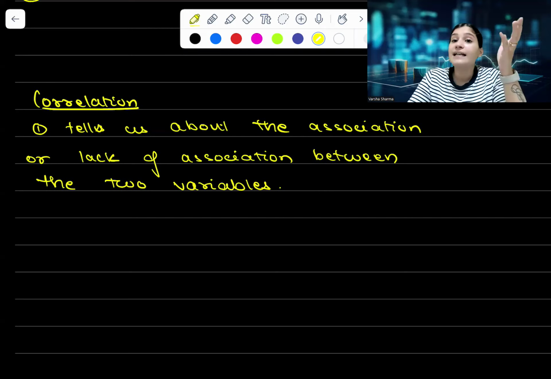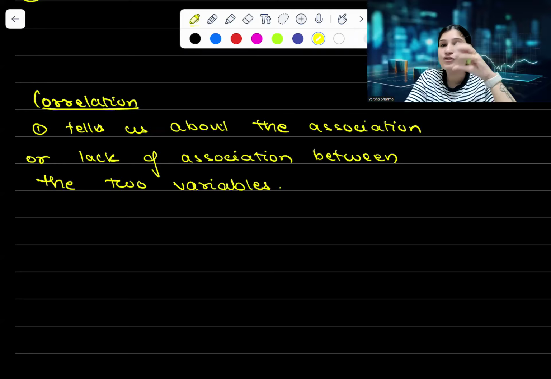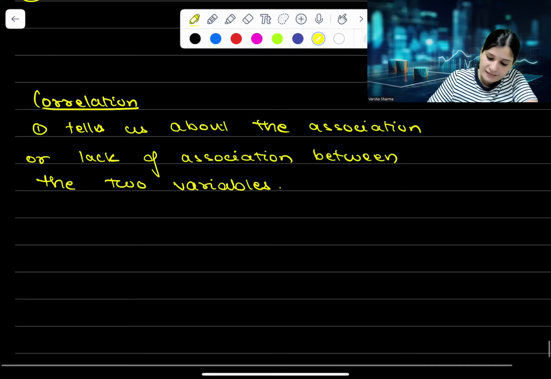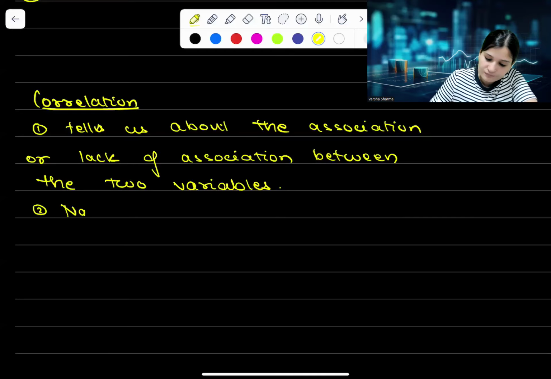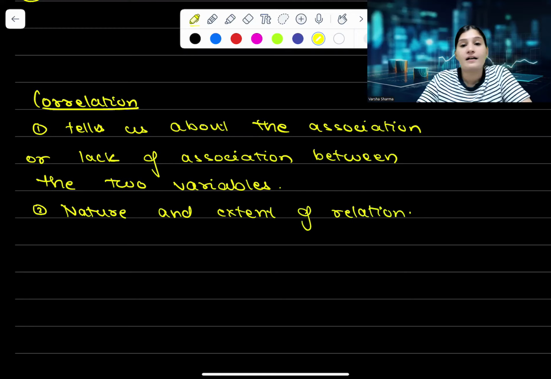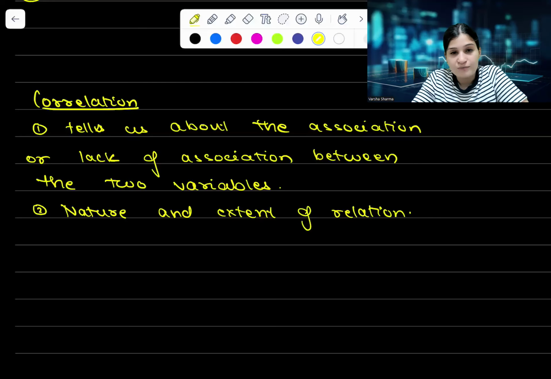So what is the extent, whether there's a very strong chemistry or a weak chemistry between them? That also helps us to understand in this topic. Second, nature and extent of relation is also obtained in correlation.